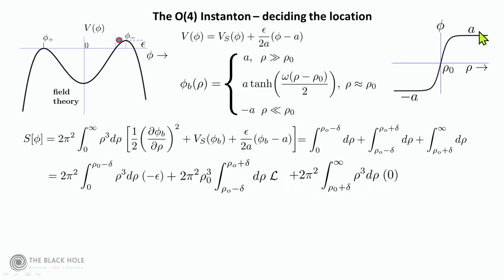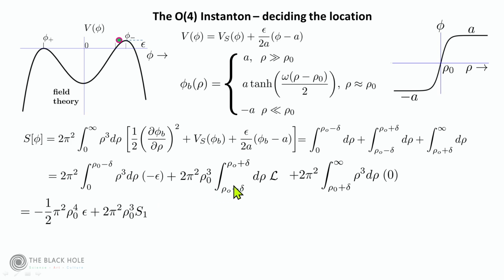And then here, phi b is equal to a, so this is equal to 0, so there's nothing to integrate over here. Now this part is easy. Anyone can integrate rho cubed, it's rho to the 4 over 4. And that's why you get this over here.